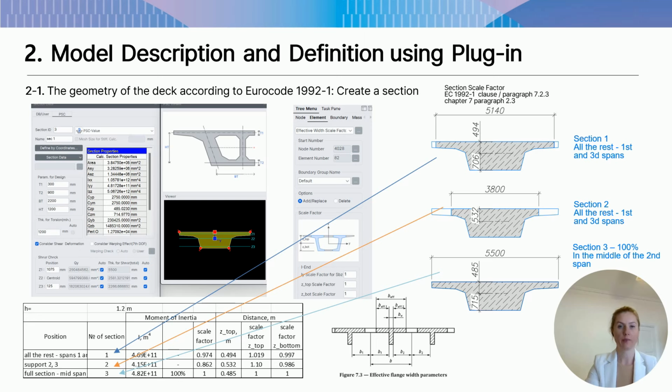Thus, I will have 3 sections in AutoCAD. For the purpose of accounting for these variations in sections, I use the effective width scale factor. Very convenient function, I definitely recommend. On the slide, I put the screen of my Excel where I prepared the characteristics of all cross-sections and calculated the scale factors.